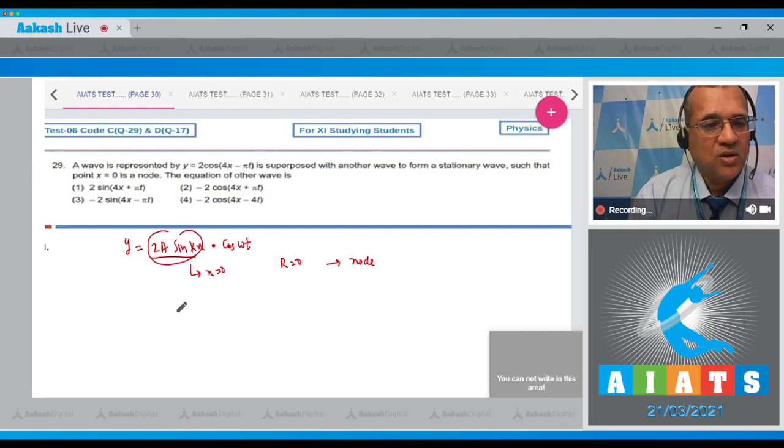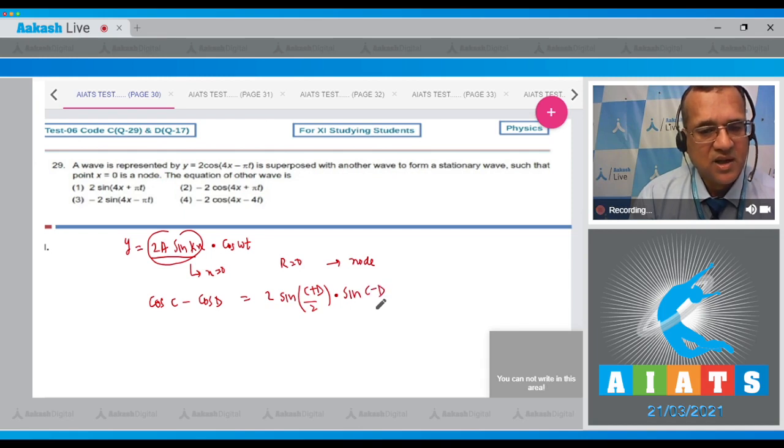Now, dear students, to get this sine from the cos, we use the formula cos C minus cos D is equal to 2 sine of C plus D by 2 and sine of C minus D by 2.